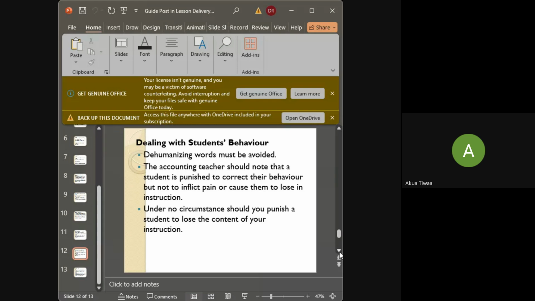Then, after you have closed the lesson, you need to evaluate the lesson because remember, in the beginning you set your objectives that by the end of the lesson you were going to do ABC. You want students to be able to list this, state this, explain this. How will you know that they can explain? How will you know that they can list? So you need to do evaluation.